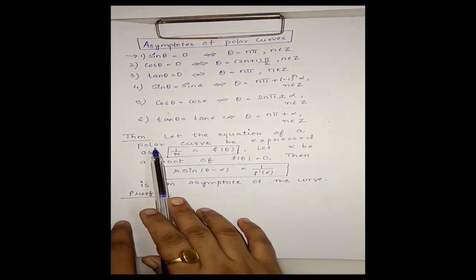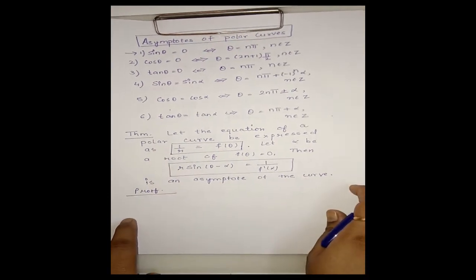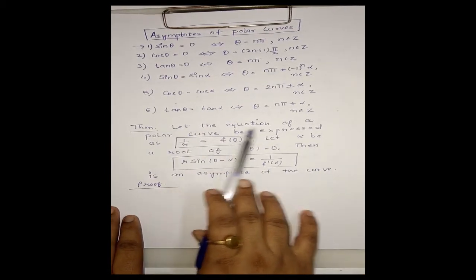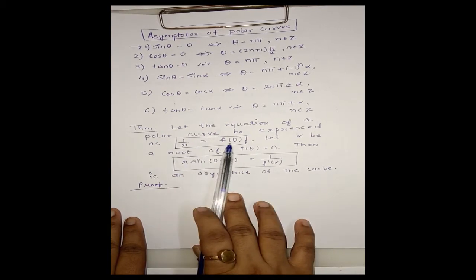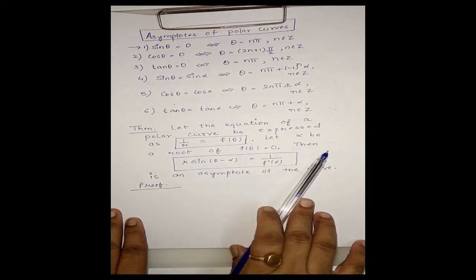Now we have a result to find the asymptote of polar curves. Let us first consider the statement of this result. Let the equation of a polar curve be expressed as 1 by r is equal to f theta. Let alpha be a root of f theta is equal to 0.